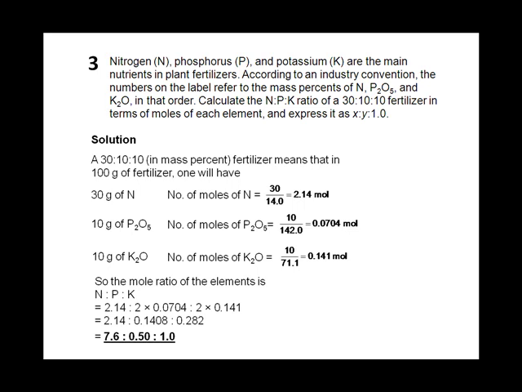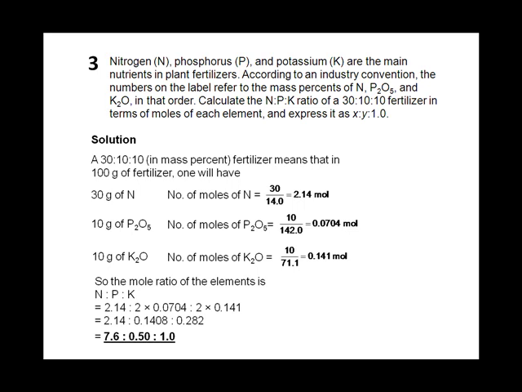Now we have 0.0704 moles of P2O5, so we have to multiply by 2 to get the moles of phosphorus. The same thing for potassium. For every mole of K2O, we have 2 moles of potassium. So we need to multiply 0.141 by 2 to determine the number of moles of potassium.